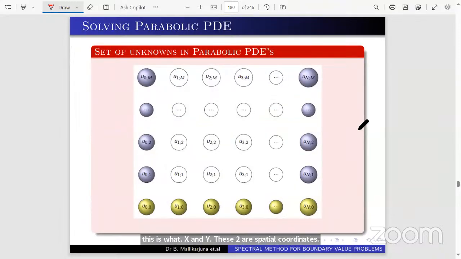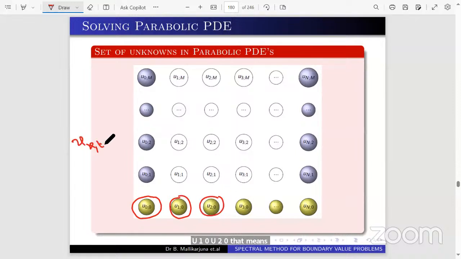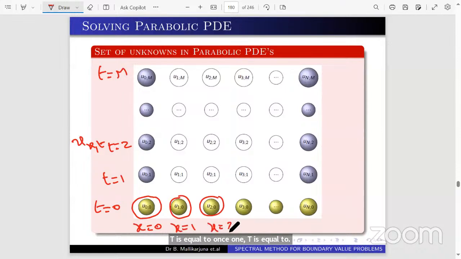By this picture, you will get to know what exactly the discretization of the domain corresponding to the solution is. This is U00, U10, U20. That means U of x comma t. This is t0, t is equal to 1, t is equal to 2, and so on, t is equal to m. This is x0, x is equal to 1, x is equal to 2, and so on, x is equal to n.